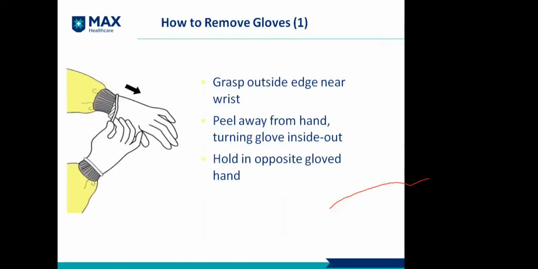So how do you remove gloves? You grasp the outside edge near the wrist only. You don't touch the fingers. Grasp the outside edge near the wrist, peel away from the hand, turning the glove inside out, and hold it in the opposite gloved hand.